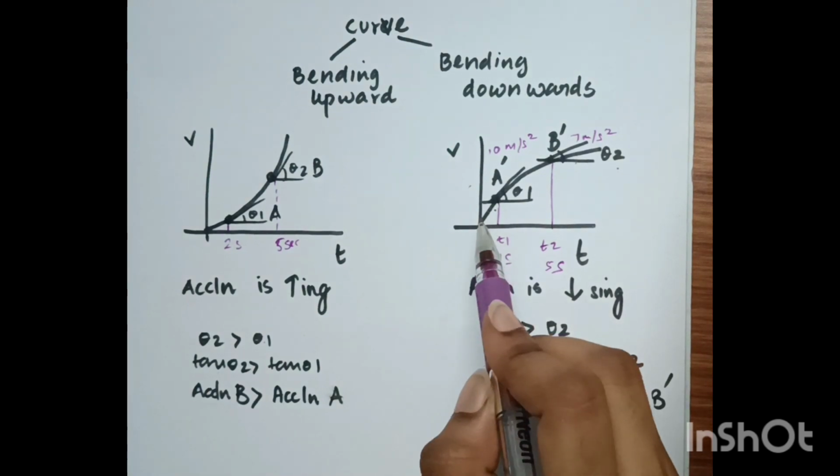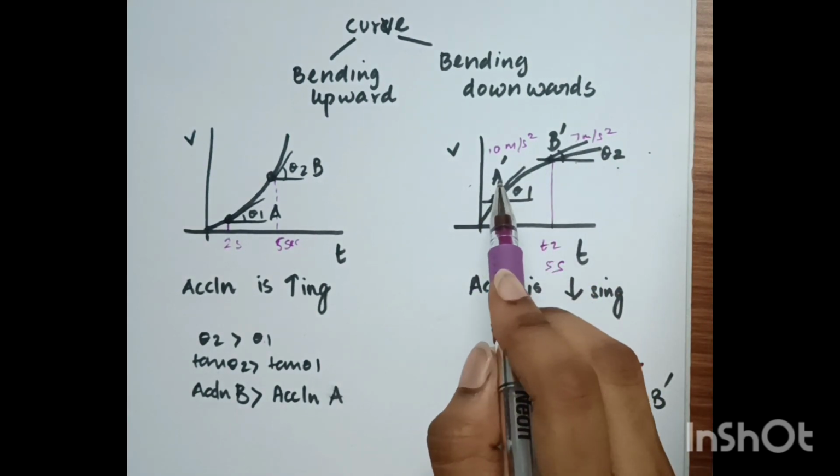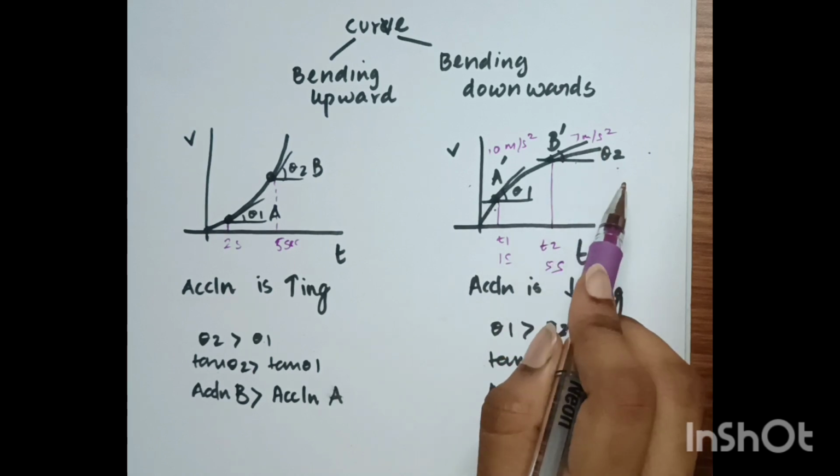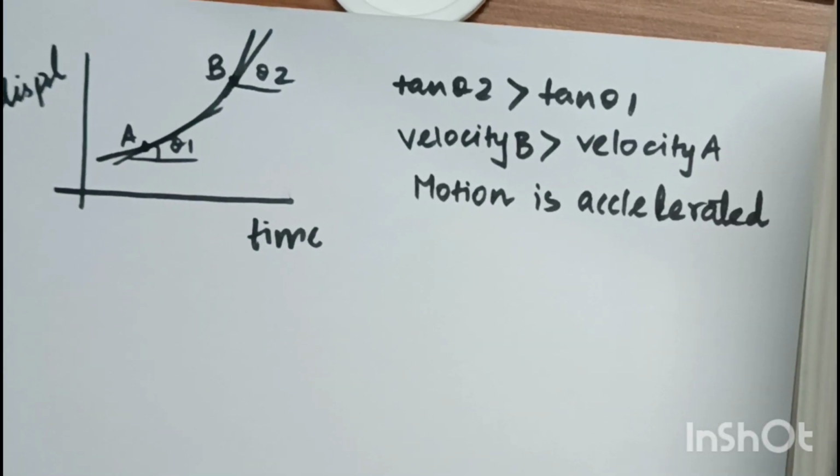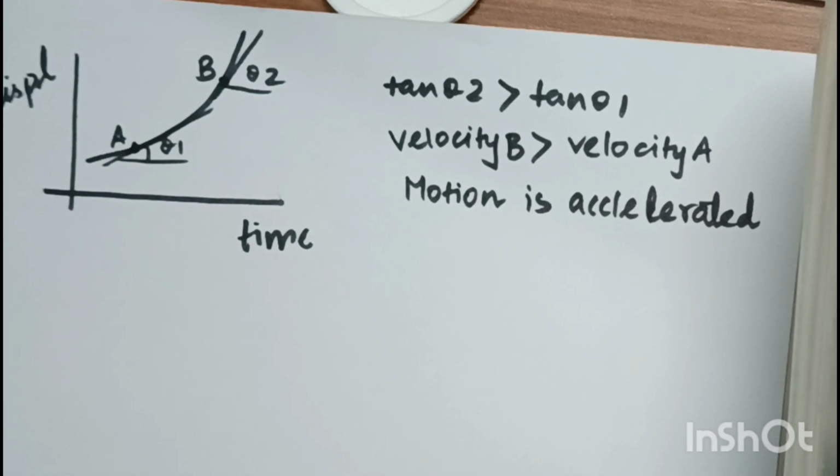If the curve is bending downwards, then we can say acceleration is itself decreasing. So previously we have seen graph between velocity and time, and what if that was a curve? If the velocity time graph is a curve, then we have to say acceleration is increasing or acceleration is decreasing.